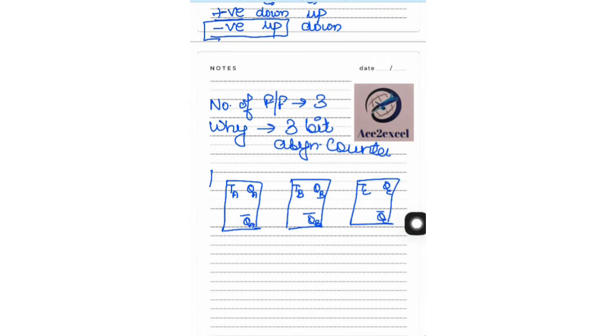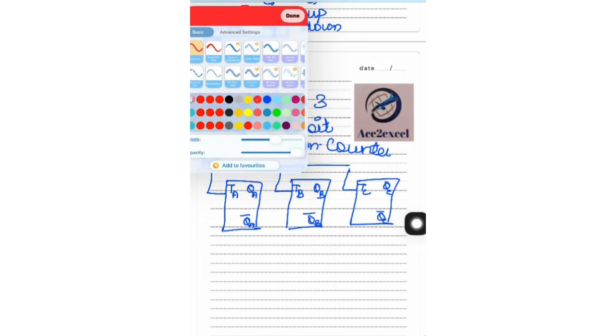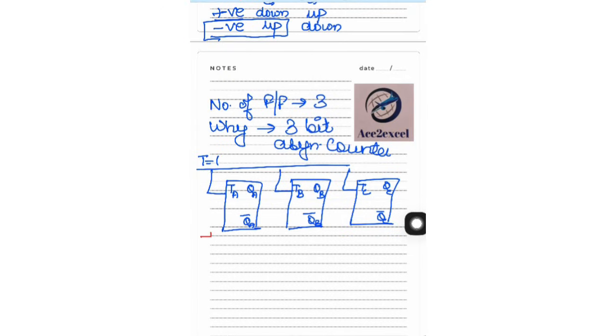Now, T should be high. So every T is made high, and high means T is equal to 1. Next comes the concept of clock. The clock is always given to the first flip-flop, and I am opting for negative clock.